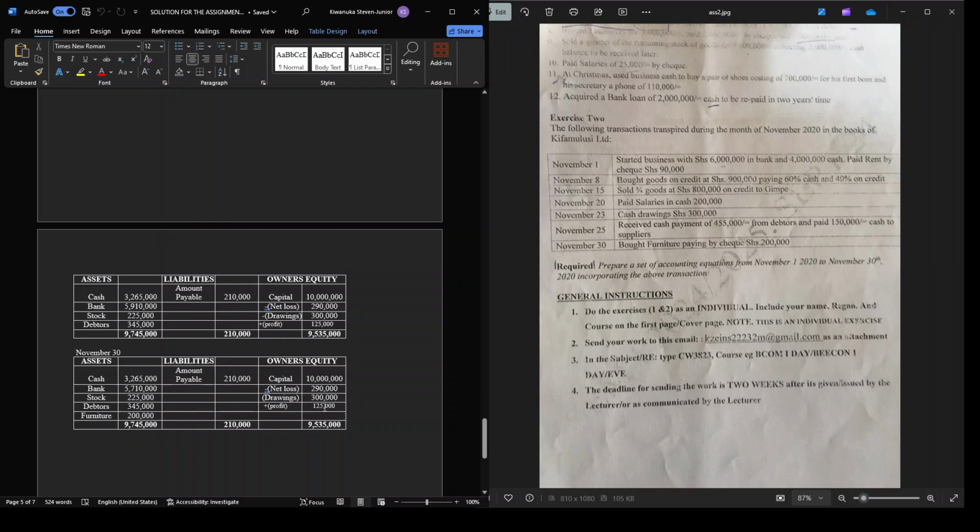Although here the profits, under assets here, net loss 290, drawings, this profits, that is under bought furniture, paying this. When he buys furniture at 200, paying by check, it affects the bank account.